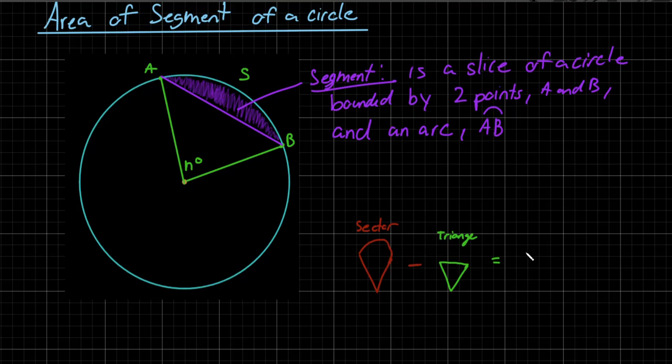What part of the shape is left over? So I take this whole thing, and I'm going to subtract the triangle. So I get rid of the triangle. What's left over? Yeah, so just the segment is left. And that's the area we want to find.